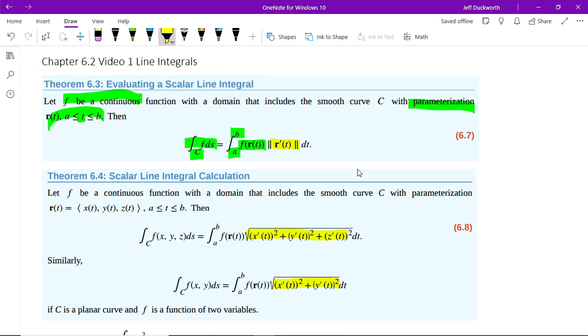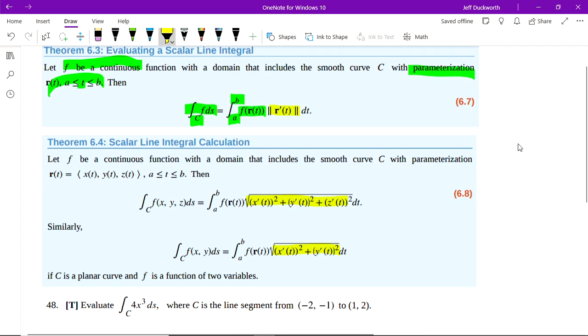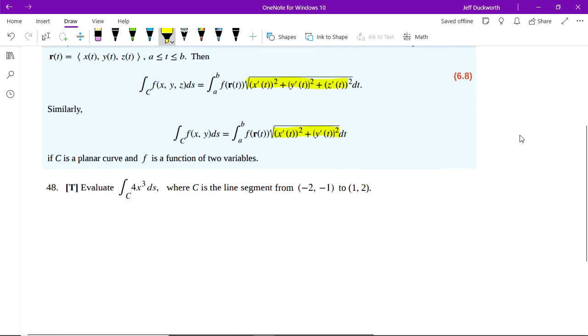All right, so let's see if we can just do one of these problems. So problem number 48, we want to evaluate this integral here. The C that we're looking at is a line segment, so this is just going to be an equation for a line using these two points here.